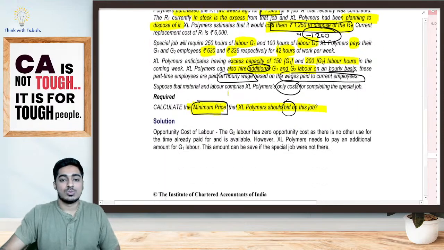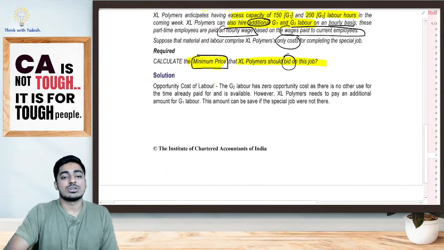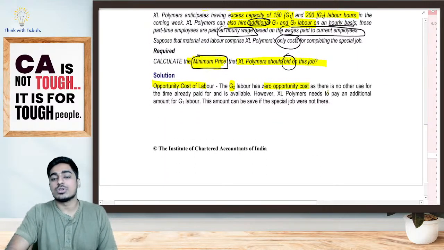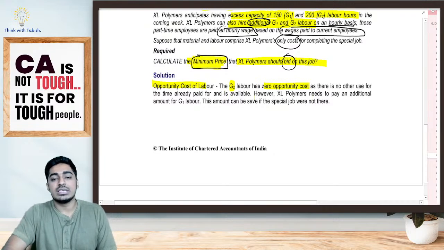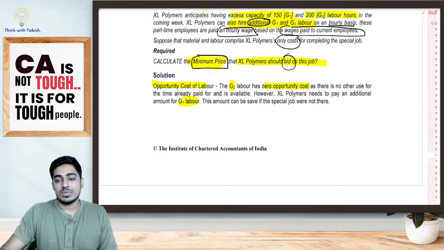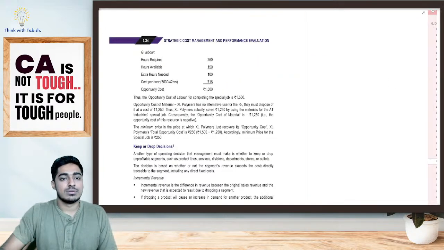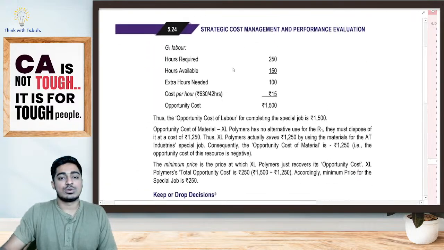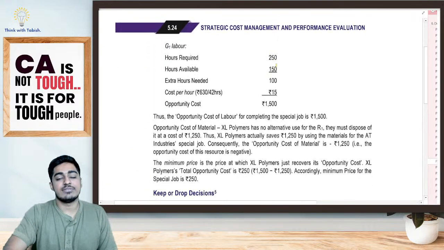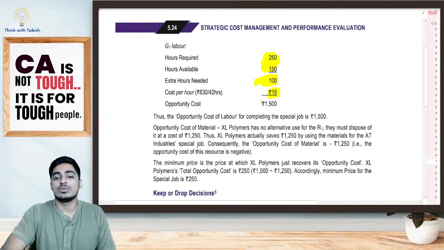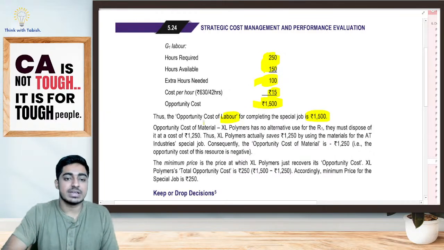Look at this, what question is telling. Opportunity cost of labor. G2 has zero opportunity cost as there is already spare capacity. However, company has to pay for G1 labor for 100 hours. Look at this, it is telling out of 250 hours, 100 hours is available. So for 100 hours, I will pay at 15 rupees, 1500. So cost of labor is going to be 1500.